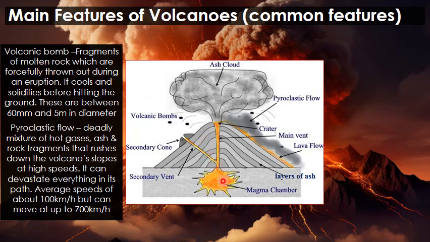As the eruption is happening, boom, it's exploding, and these fragments of molten rock are thrown into the atmosphere, and they cool and solidify before they hit the ground. By the time it gets to the ground, it would have solidified.